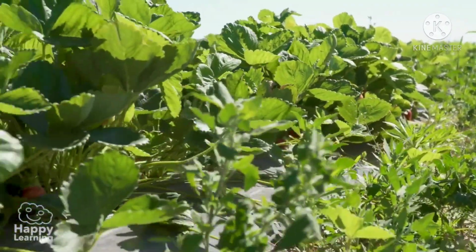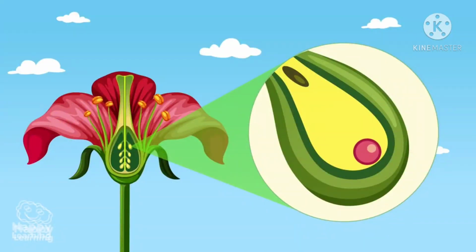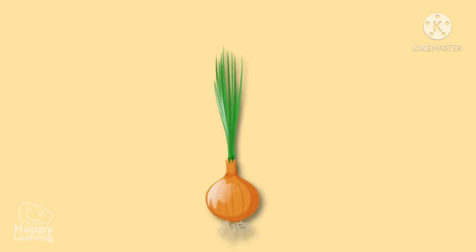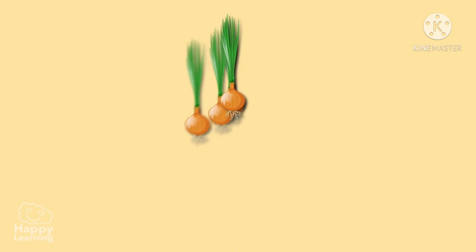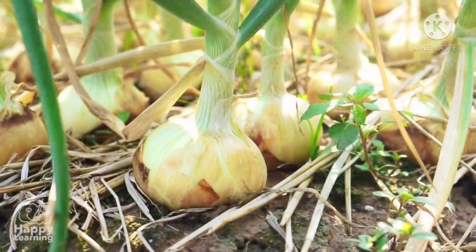In asexual plant reproduction, flowers don't intervene. There's no need for a gamete or female and male cell. In asexual reproduction, there's only one parent. So the new plants will be genetically identical to this.